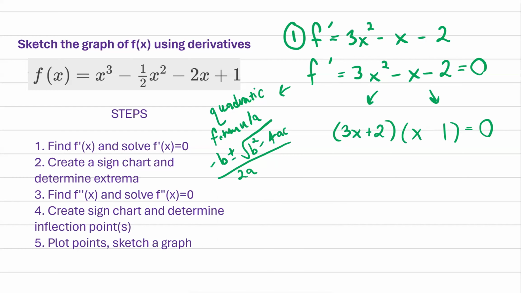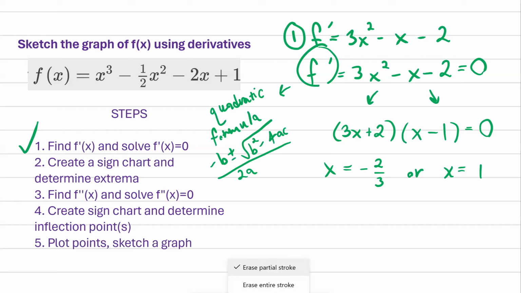Trial and error. Great. So that will give us 2 solutions here. The first one will be a negative 2/3, or we'll have a positive 1. These aren't solutions of the original function, but remember, this is just f prime. We're working on the first step that we just completed here.